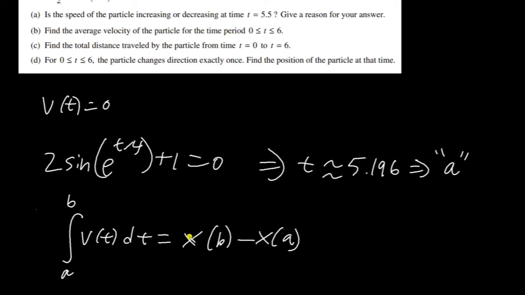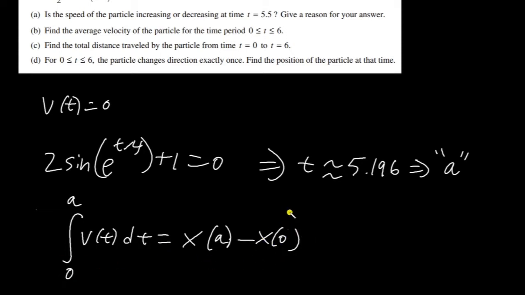So if I want to use this fact to figure out the position of the particle at time a, let's replace this b and a with 0 and a. A is this t value. Okay, so the integral from 0 to a of the velocity is x of a minus x of 0. This is an application of the fundamental theorem of calculus.